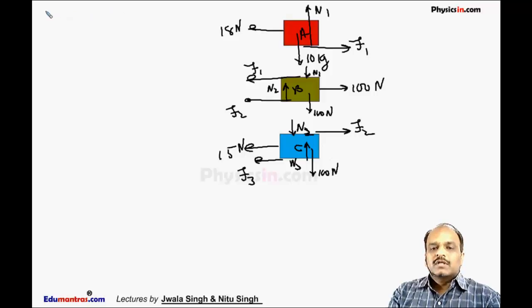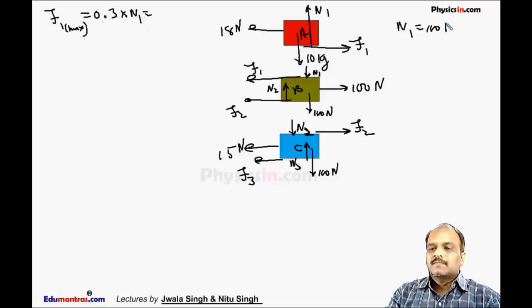Now we know the maximum friction force F1 max is 0.3, because the coefficient of static friction is 0.3, times N1. N1 here is 100 Newton.